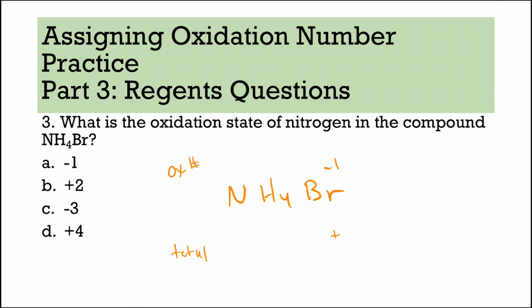You have 1 of them, that's a total of negative 1 charge. We're still dealing with just nonmetals, so H is going to be positive 1. If H is positive 1 and you have 4 of them, that's a total of plus 4. So something plus positive 4 plus negative 1 has to equal 0. The only thing that fits in that equation is negative 3.